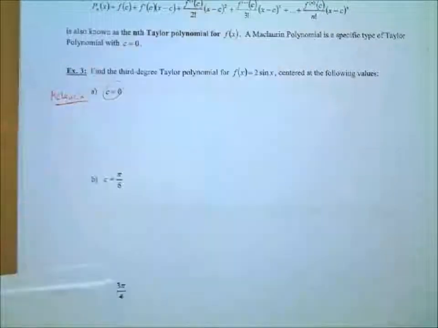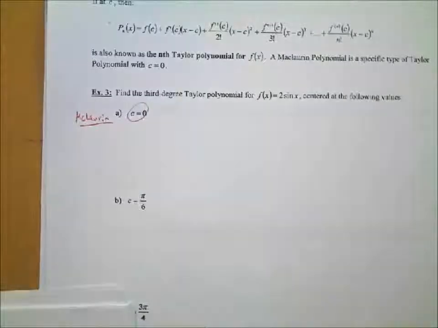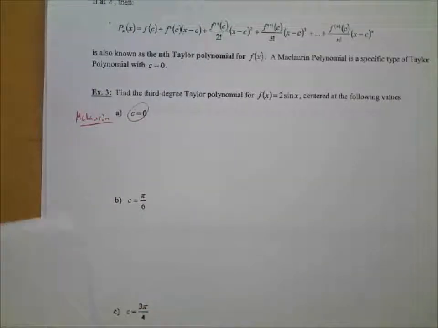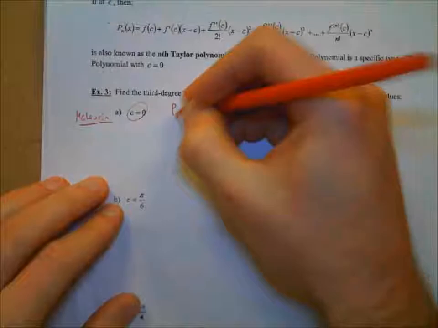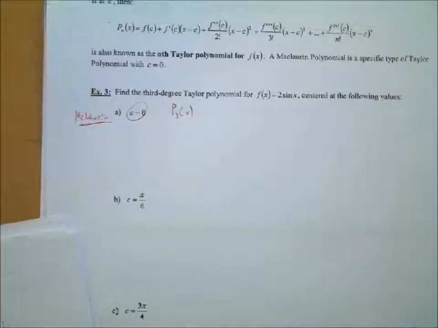So we don't actually need to use the new thing that we learned. You can use the Taylor polynomial here; anywhere you see a c, it'll be 0. My recommendation, for your first step, is to get in the habit of writing out what the general format is going to be.